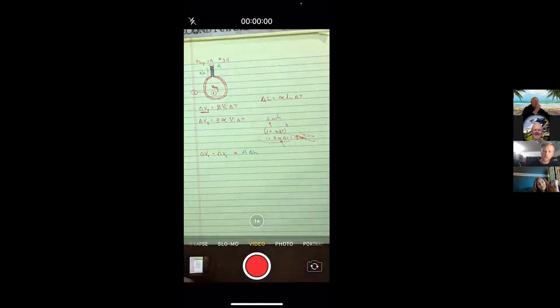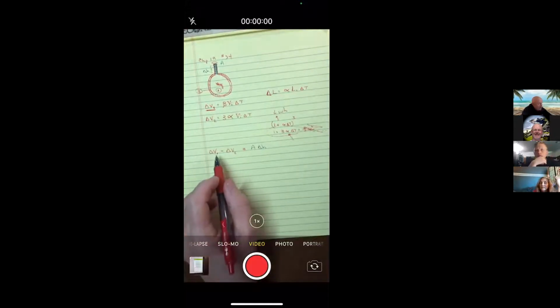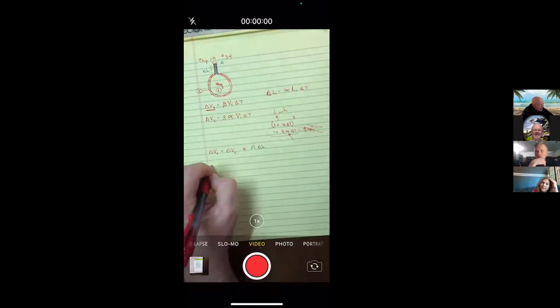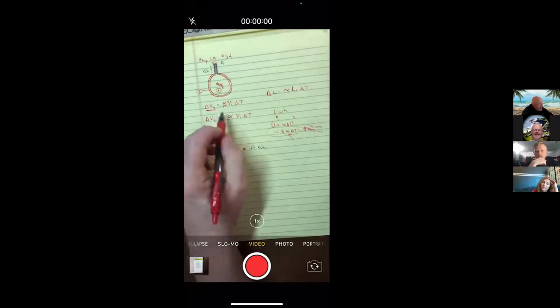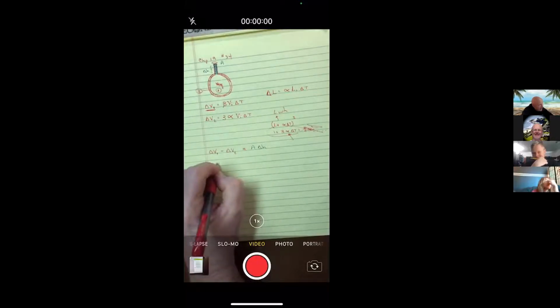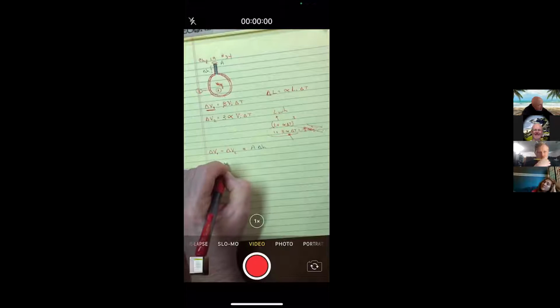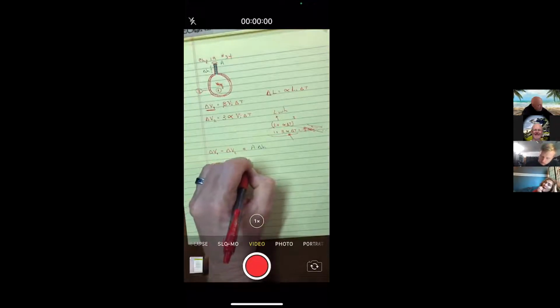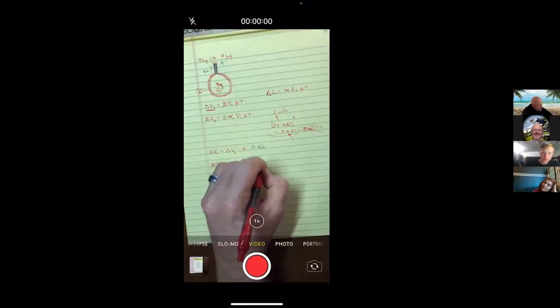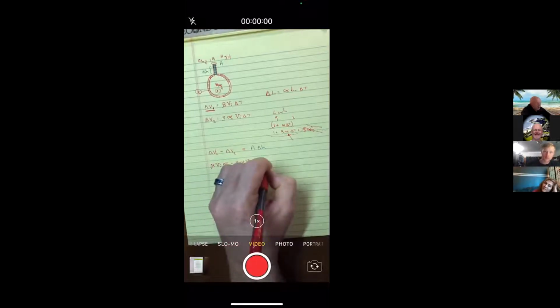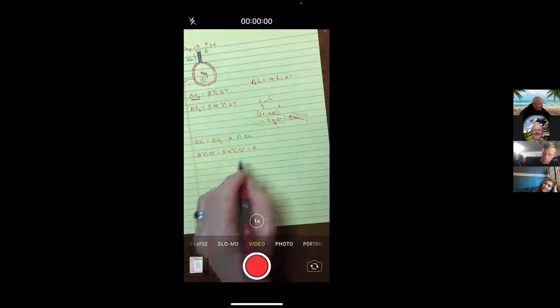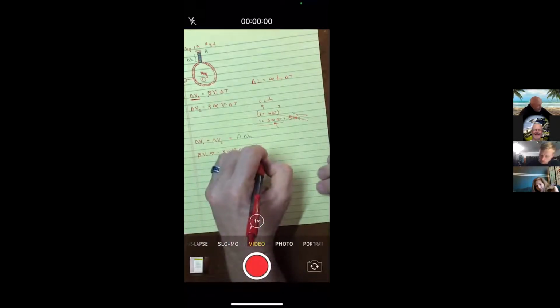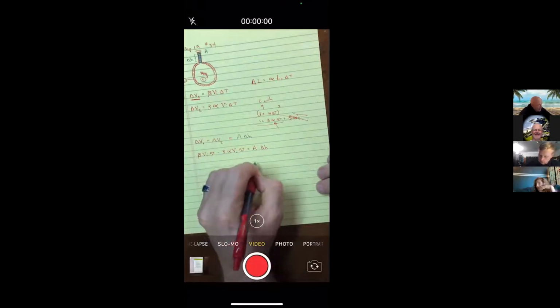It's going to go up that little cylinder. So now I can put these together. So this would be beta times initial volume delta T minus 3 alpha initial volume delta T equals the cross-sectional area of the capillary tube times delta H.